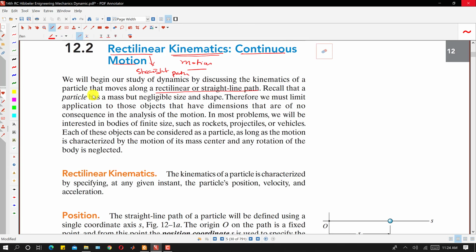What is a particle? A particle has mass, right, and its shape and size are negligible.